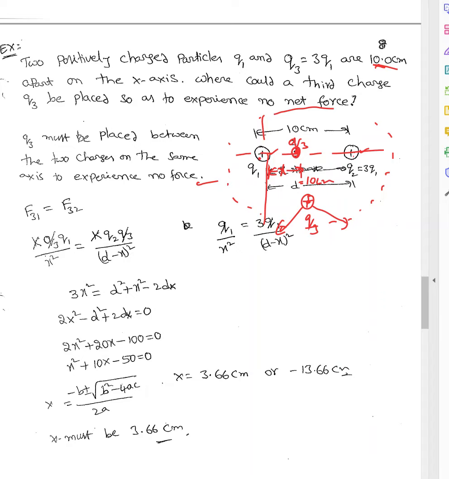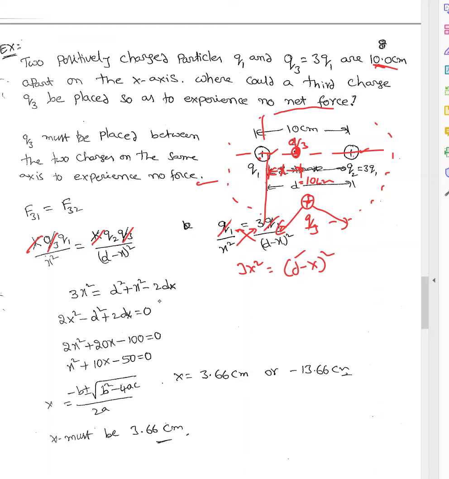Now K and Q3 get cancelled out on both sides, and he gave us Q2 is 3 times Q1, so Q1 gets cancelled out too. You will end up with 3 X squared. If I take this to the other side, D minus X squared. The D value is known, which is 10 centimeters.